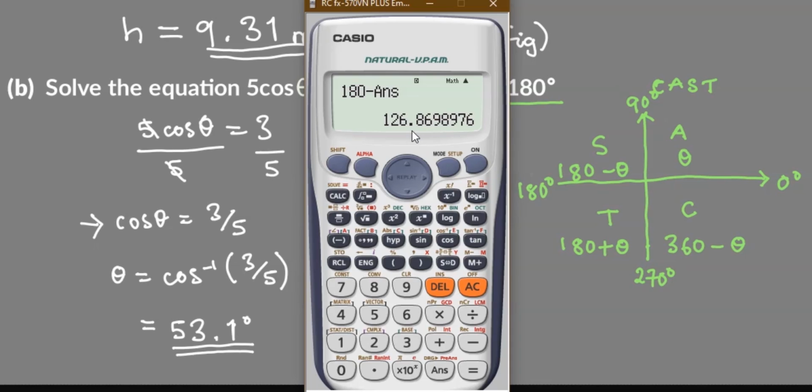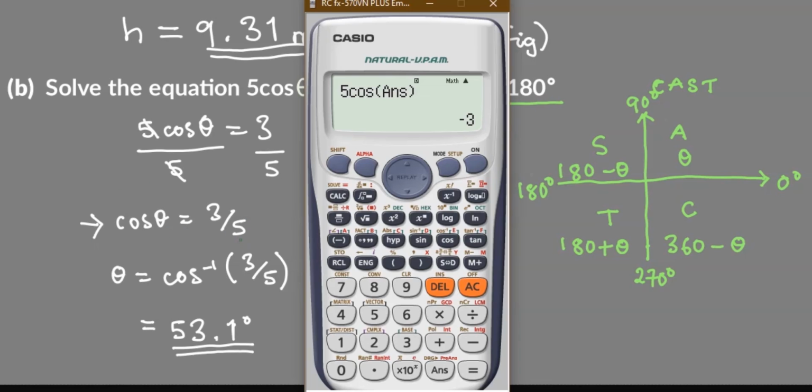So if we find 5 cosine of this angle that we've just found, you're going to see the answer is -3 this time. And because it's -3 and not +3, this is not a suitable answer. It still has 3, but because of that negative, it means cosine theta here is not equal to this 3/5.